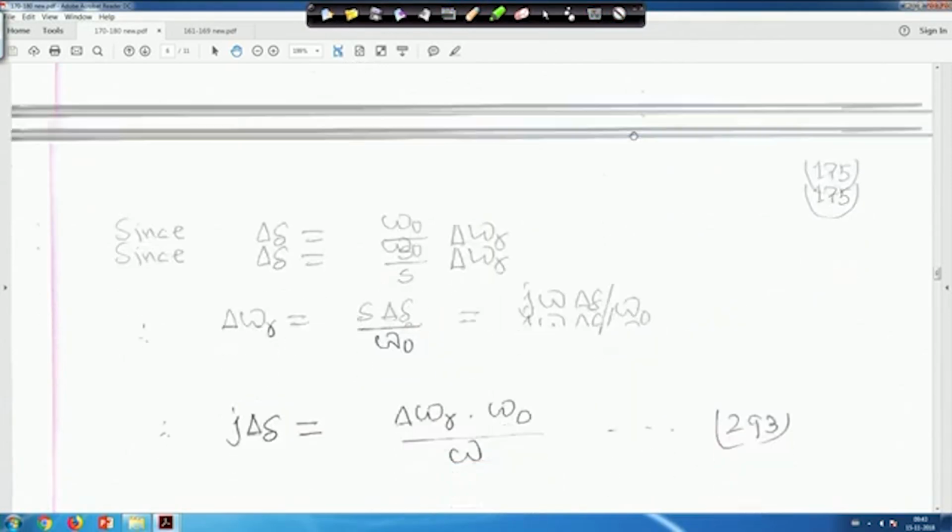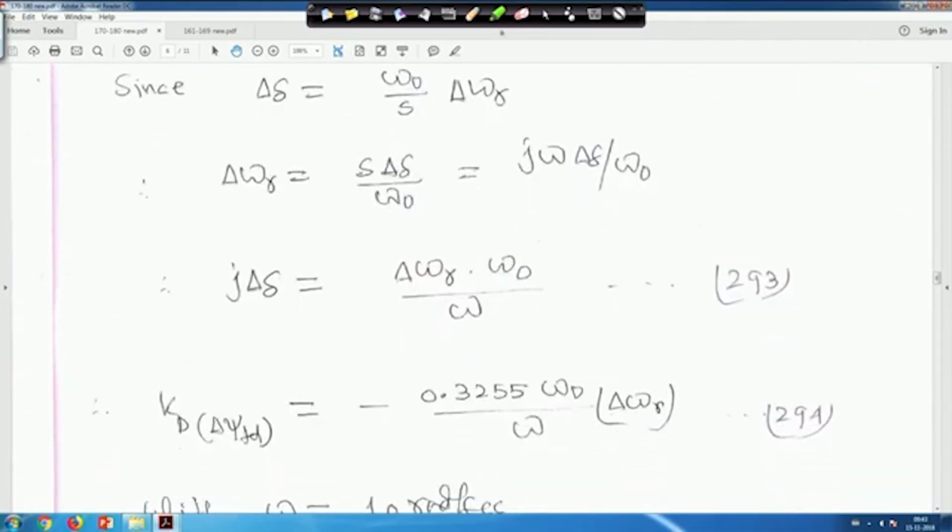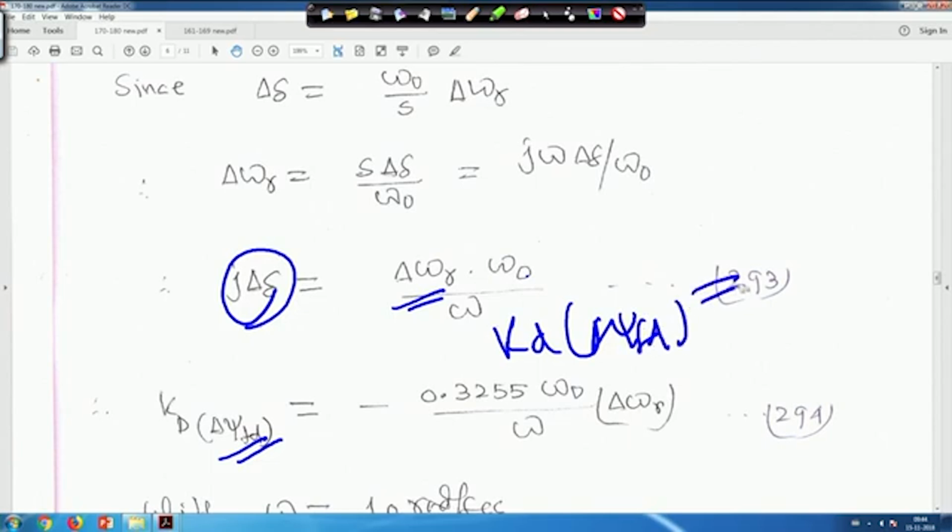That means j delta delta is a function of delta omega r and omega 0 upon omega. So K D delta psi f d is equal to minus 0.3255 j delta delta.